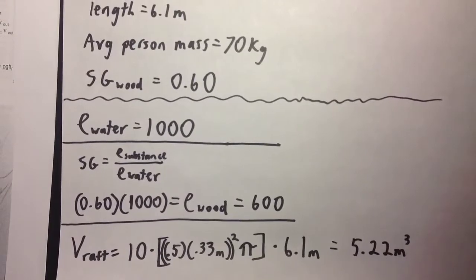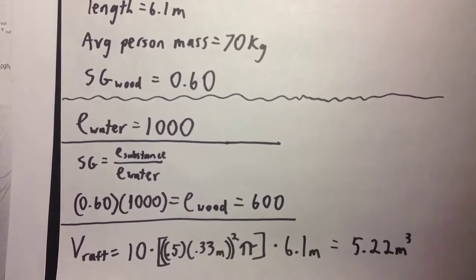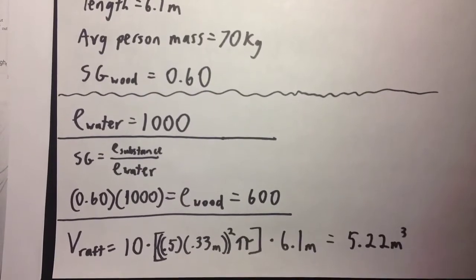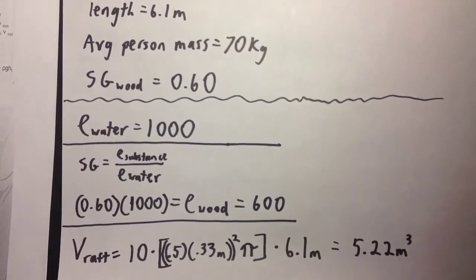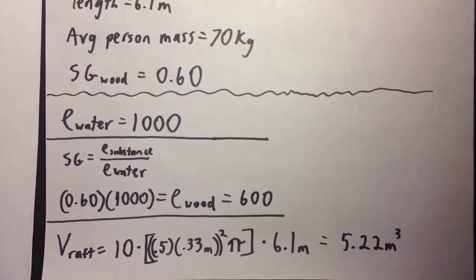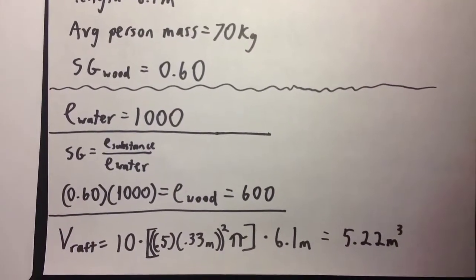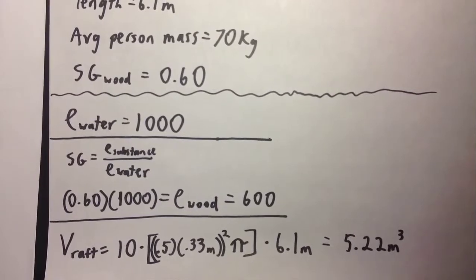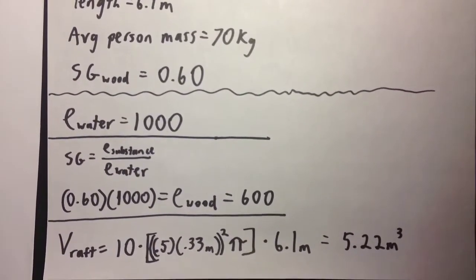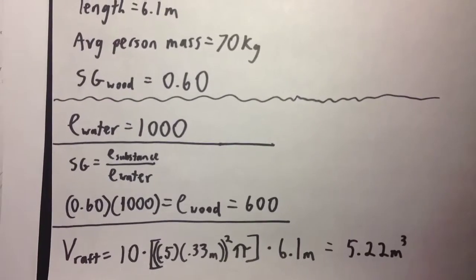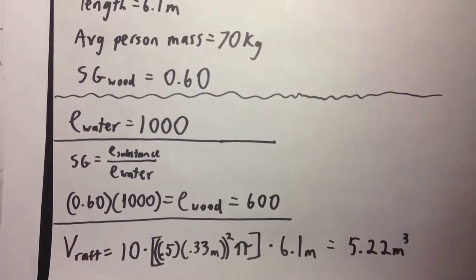The volume of a cylinder, or a log in this case, is the area of the circular part times the length of the whole thing. Now, to find the area of the circle, we need to use the equation pi r squared. Now r is radius, and 0.33 is given to us in the problem as the diameter. If we multiply that by 0.5, we get the radius.